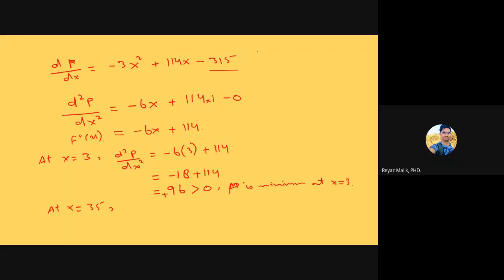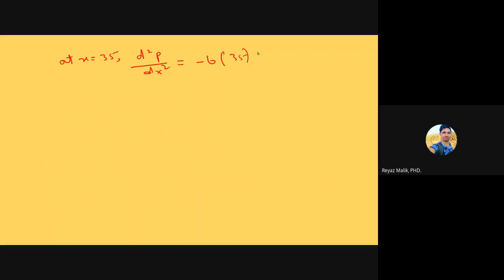Then d square P by dx square equals minus 6 x plus 114. That was minus 6, right? Minus 6 times 35 plus 114.